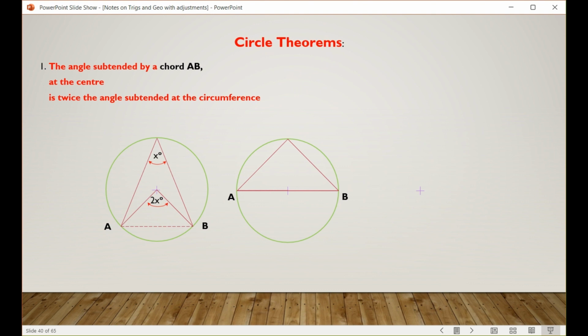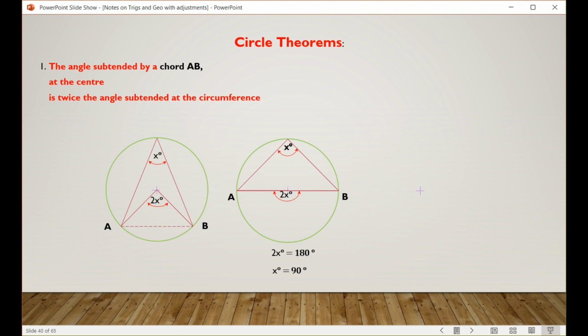If we look at it, we can tell that AB is a straight line going across through the center. So that angle, which we had as 2x, is a straight line, or it is supplementary, meaning 180 degrees. And if we measure the angle at the circumference up on top, it will be half of that. So half of 180 degrees is 90 degrees.